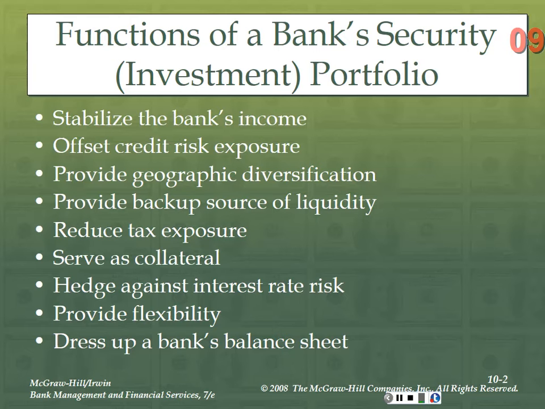The first thing is it has to keep a small portion of that money on reserve. We call those required reserves, and we talked about that way back in Chapter 1. The other 2 things, it can either loan the money out or it can invest the money. That's all they can do with it.